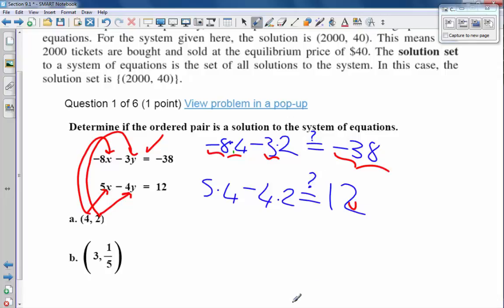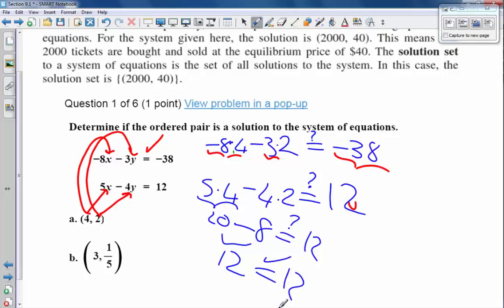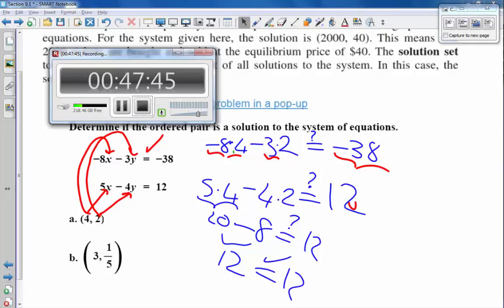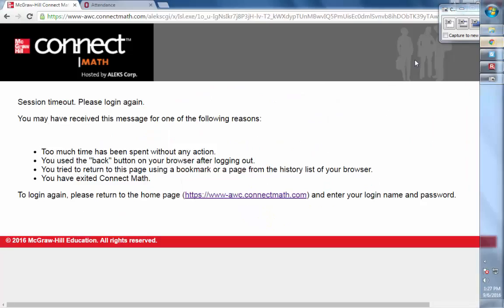Again, question mark. 20 minus 8. There you go. This is 12. And it checks out. This was still a question mark. Now it's no longer a question mark. It's an identity. So we have our first one correct.